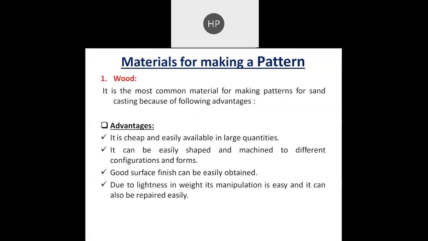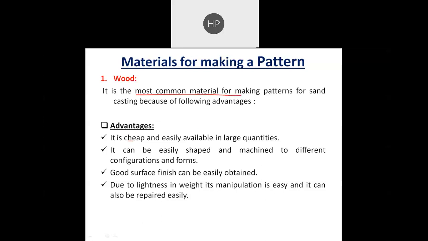So first is wood. It is the most common material for making patterns for sand casting because of the following advantages. You will find it a very common material for making these kinds of patterns, because it has certain advantages. What are they?